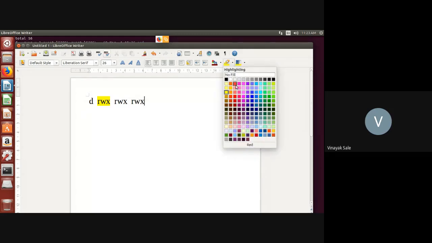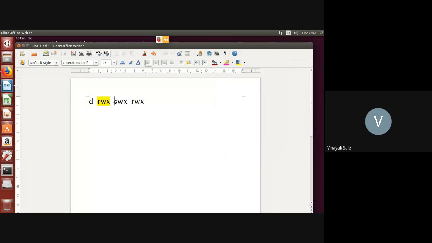Then this pink colored group is the group owner or group. First, yellow colored is user, that is owner.